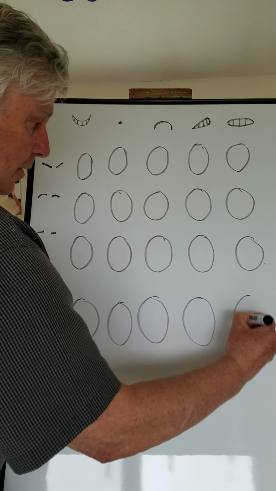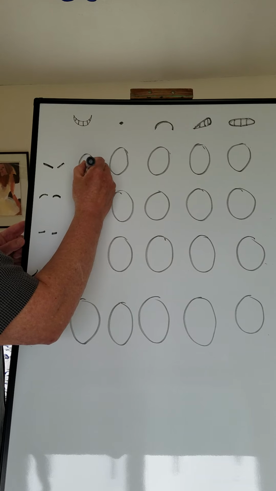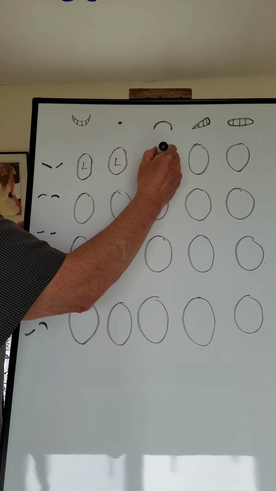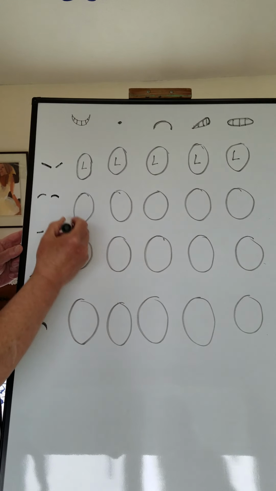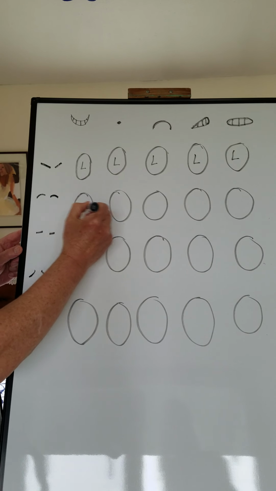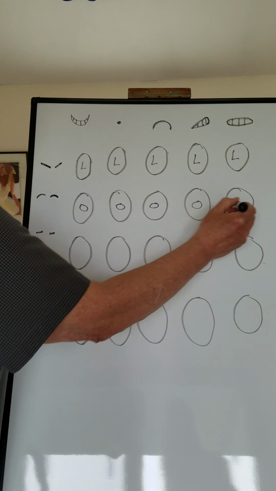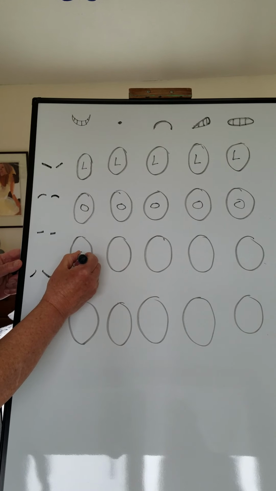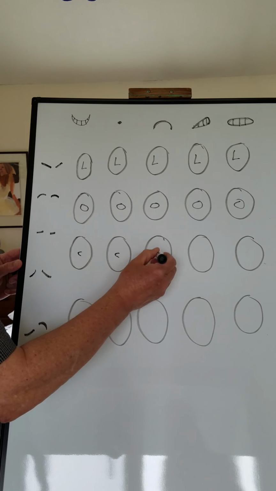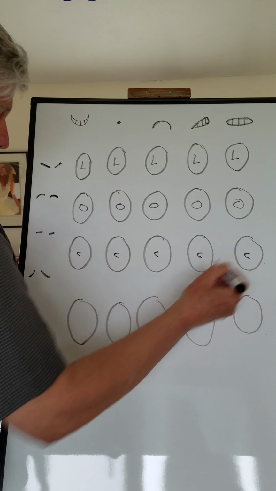So the first nose is going to be, we'll go back to the alphabet, the L. So it's just an L across here. Second nose will be a circle, kind of a medium-sized circle. Third one will be the C like we did before. Let's put it right in the middle here.